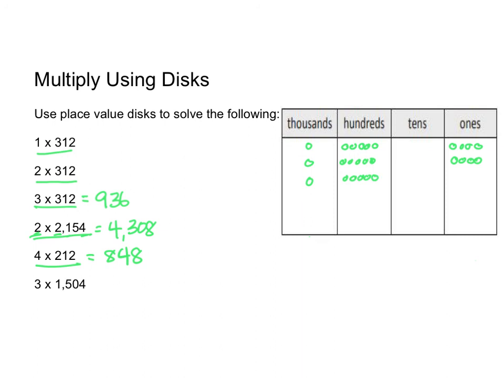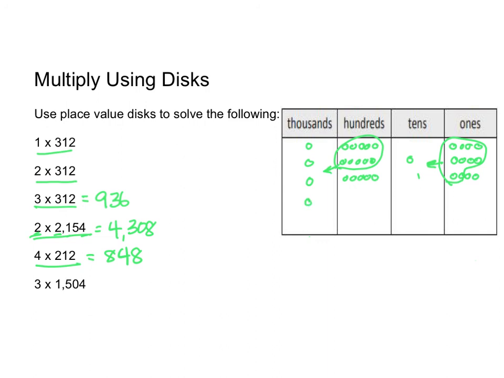I can already see that we're going to be able to move things into some different columns. So let's start with the ones. Well, right now we have 12 ones. So we can take 10 of those ones and move them next door to the tens. Now we have 1 10 and 2 ones. Let's look at our hundreds. Well, we have 15 hundreds right now, so we can take 10 of those and move them over into the thousands.